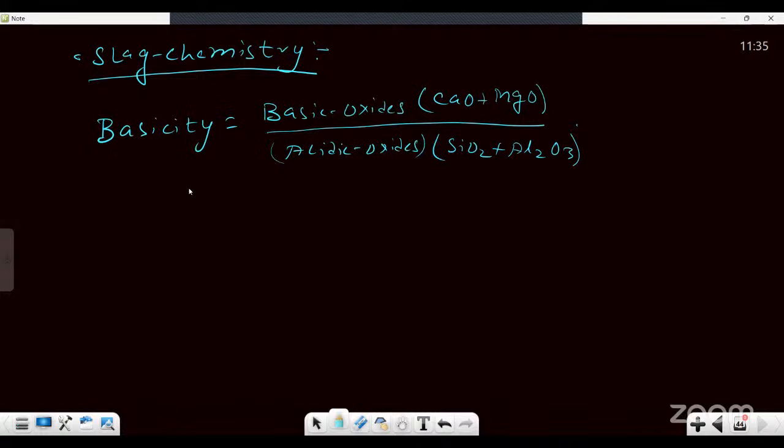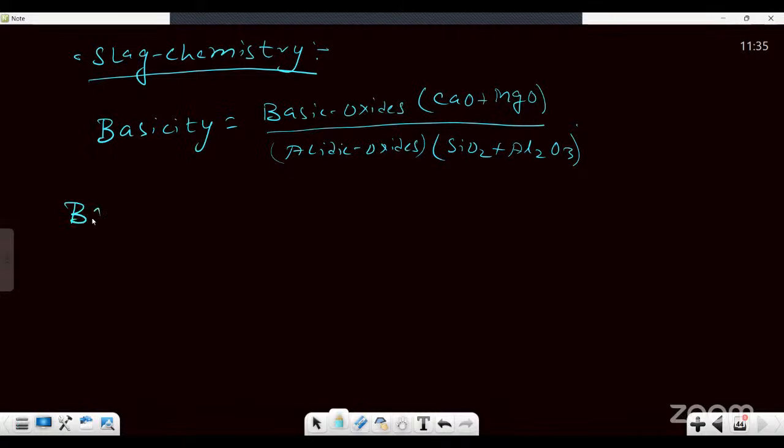And if there is more SiO2, then the slag is acidic. Then it is poor for refining, not suitable for blast furnace iron making today. So mostly in the iron making process, we will be using the basic oxides only, not the acidic oxides.